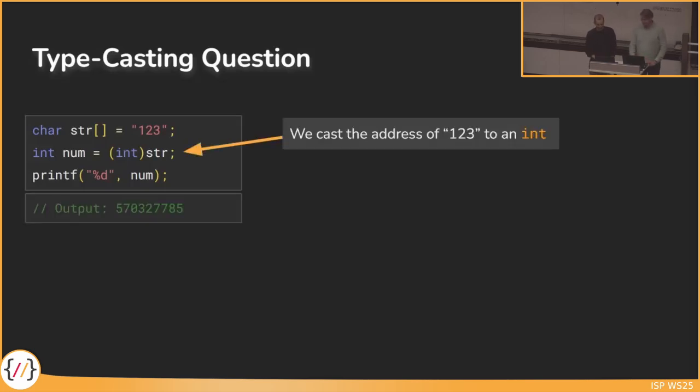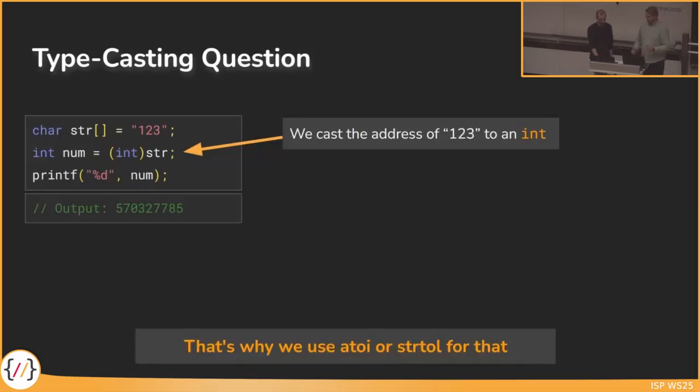If we do it like this, we actually cast the address, so the address of the first character, to an integer, which is some random big number. And the output is something like this. It makes no sense. That's why we use atoi or strtol. Exactly. So we have functions for that, for converting strings to integers or floats or long variables.